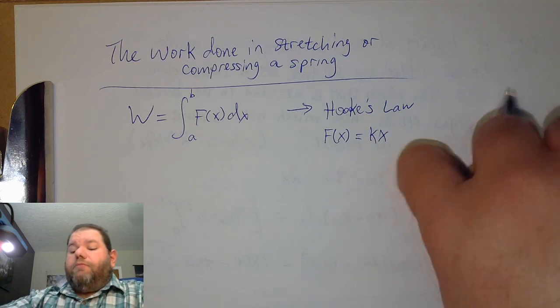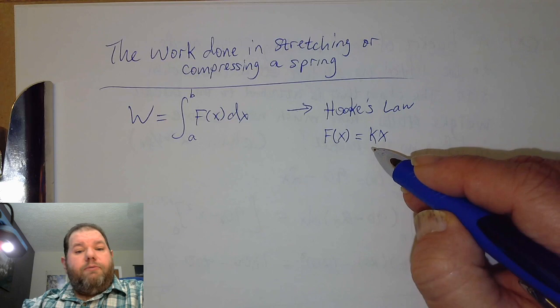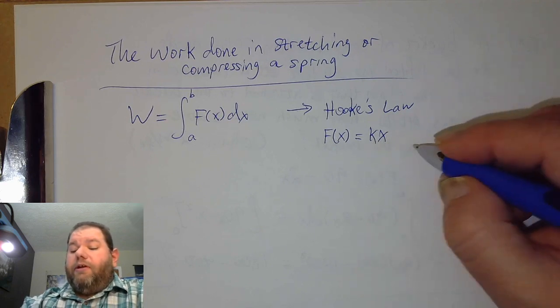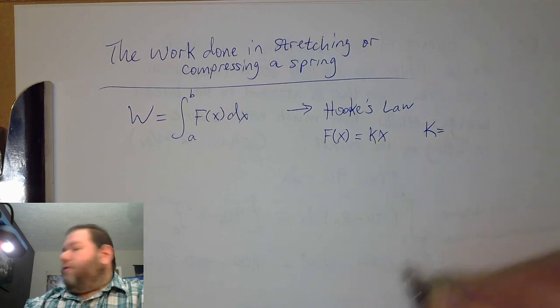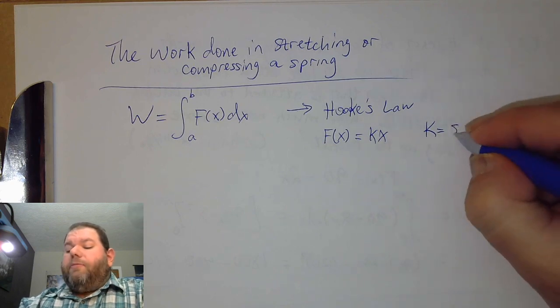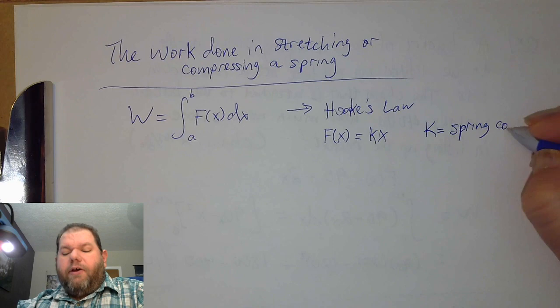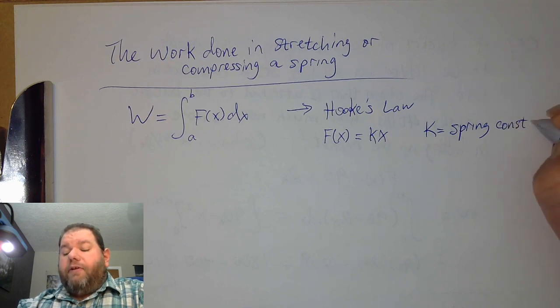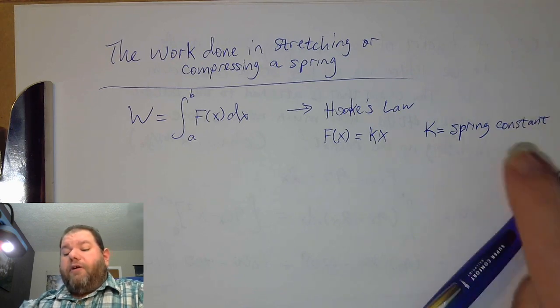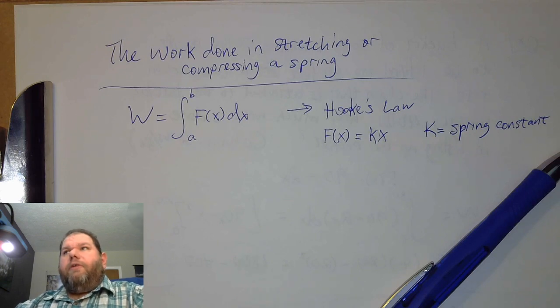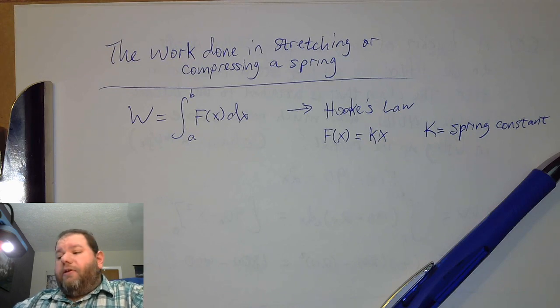And so k, in this case, is what we call the spring constant. The spring constant is basically a measure of how strong that spring actually is. If we have a more heavy-duty spring, like the ones in our garages to open the garage door, those have a pretty high spring constant.